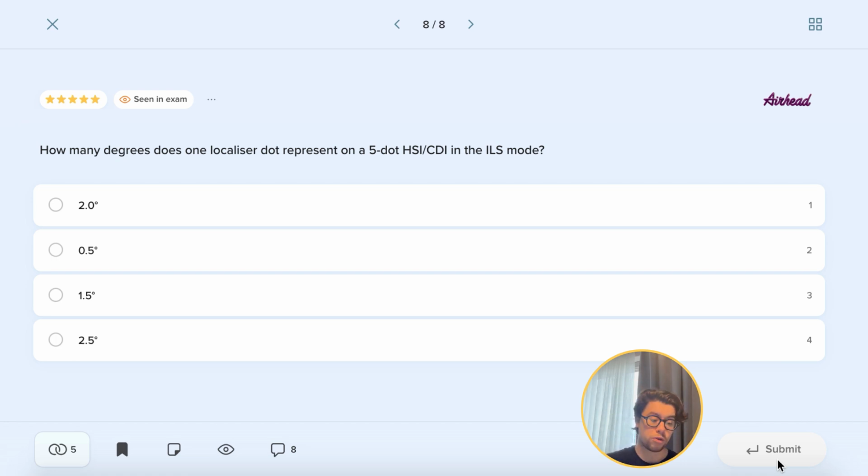And the localizer will also have a greatly increased distance. It will have a range of 25 nautical miles at 10 degrees left or right from the localizer, and then at 35 degrees at around 17 nautical miles. So the glide slope will have a range of about 10 nautical miles, 8 degrees left or right from the station.